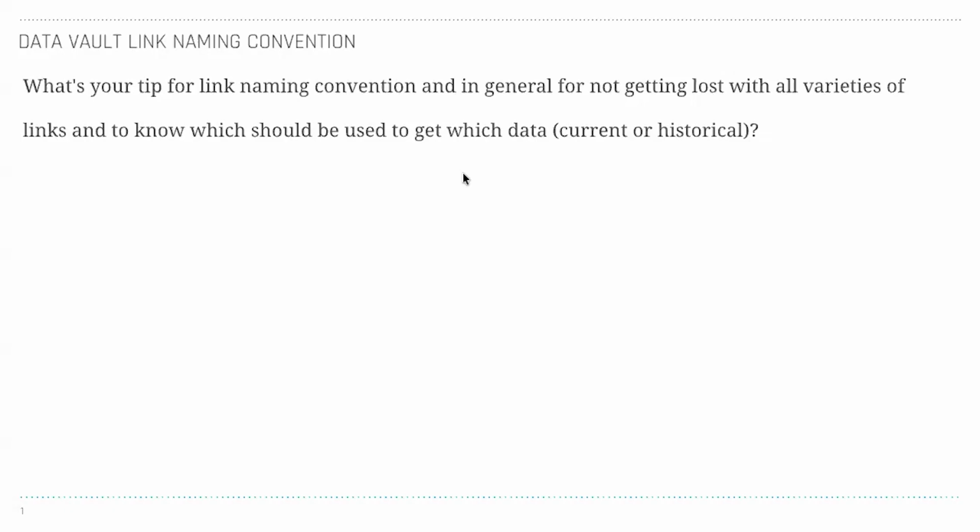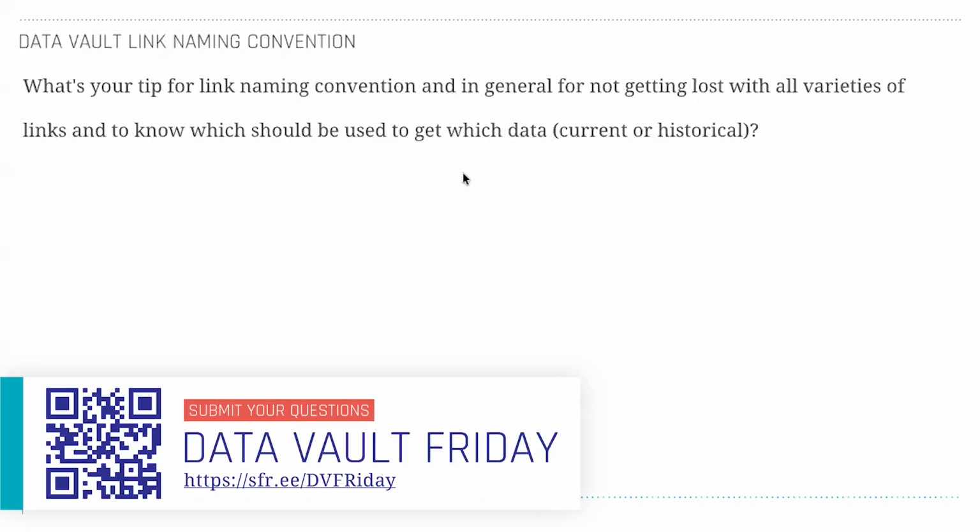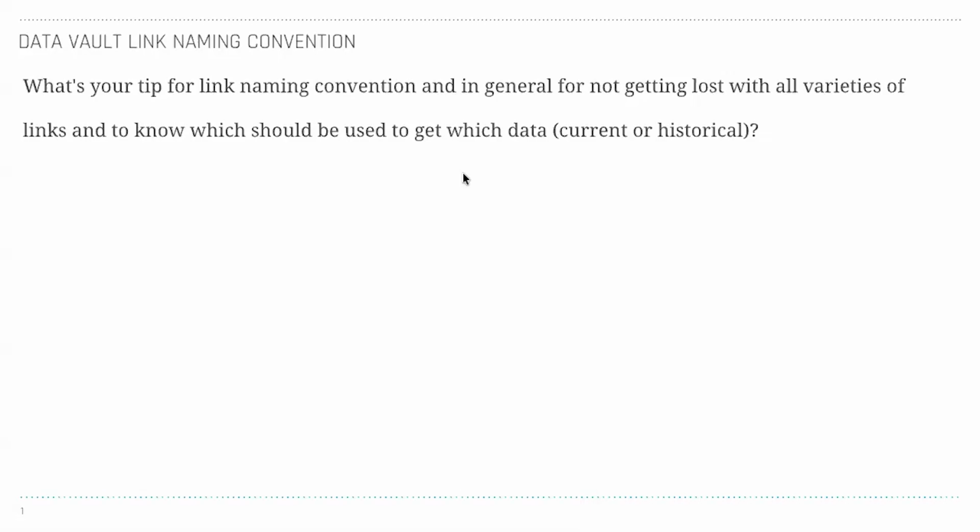When do you use what? I would say it like this: in Data Vault, or in your data actually, there are two types of relationships. There's one type of relationship over time, let's say, where you as a customer are assigned to a store, or where you as an employee work for a while for an employer. But then you also have relationships that happen at a certain point in time.